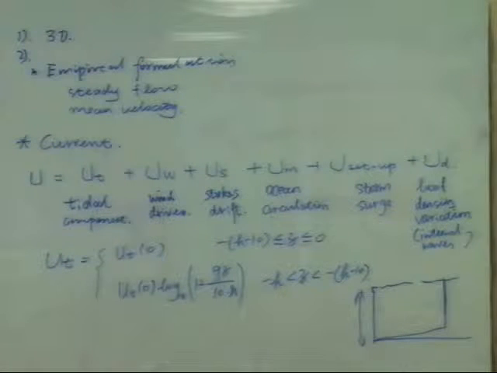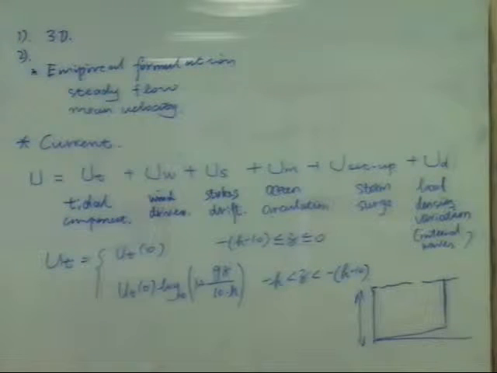For the wind-driven current, U_W is quite often written as U_W equal to 0 below H0.